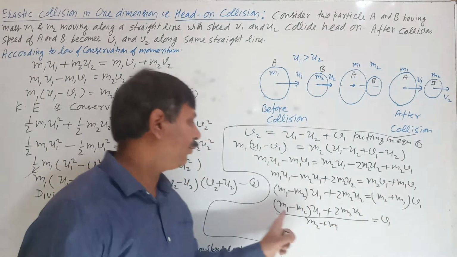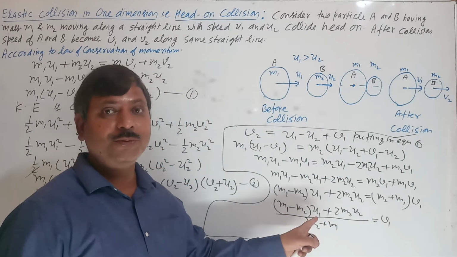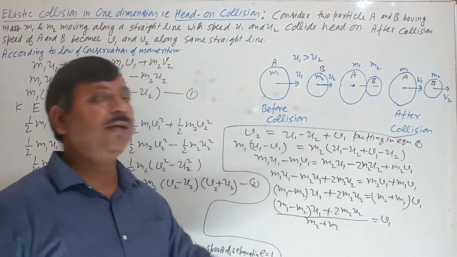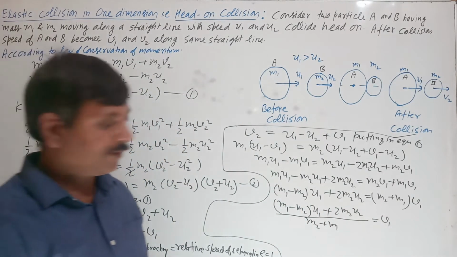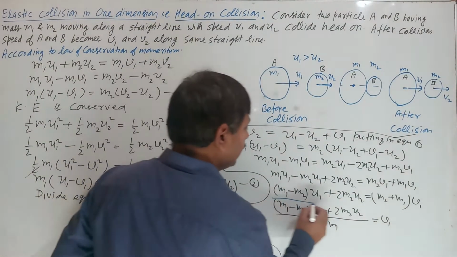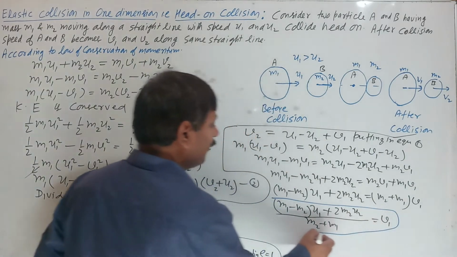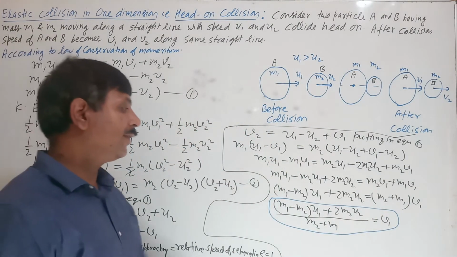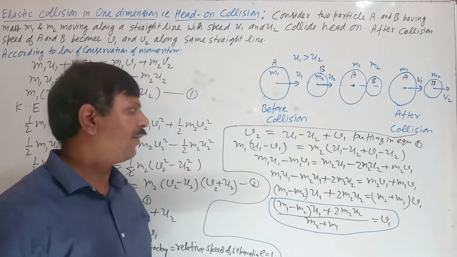So v1 is equal to what? m1 minus m2 bracket u1 plus 2m2 u2 divided by m2 plus m1. So this is the expression of velocity in terms of mass and initial velocities. So v1 we have found it.